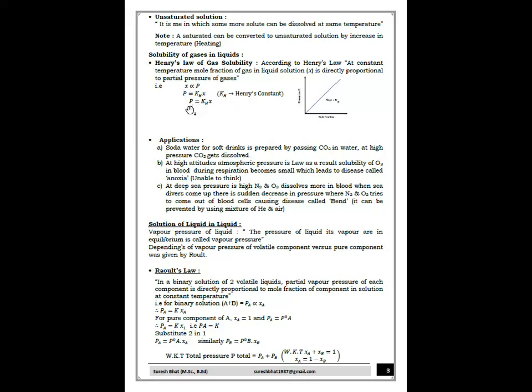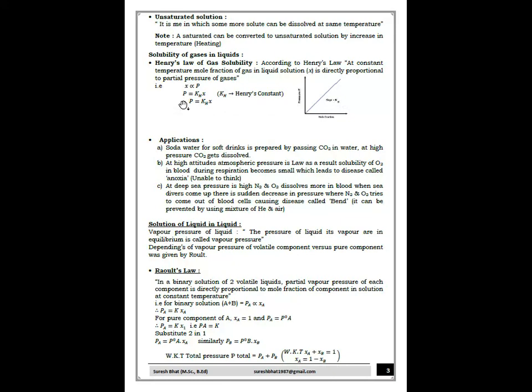So partial pressure of gas is equal to Henry's constant into mole fraction of gas. This is a graphical representation, with partial pressure on the y-axis and mole fraction on the x-axis. We get a straight line, and the slope is KH, Henry's constant.